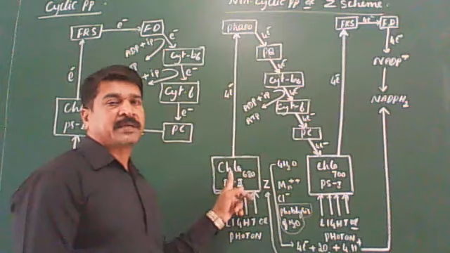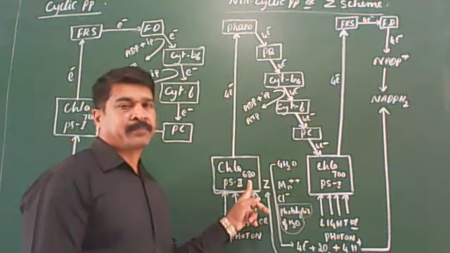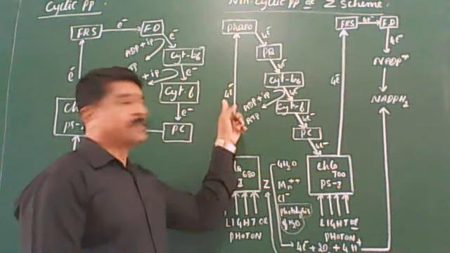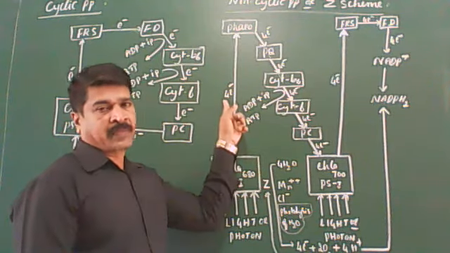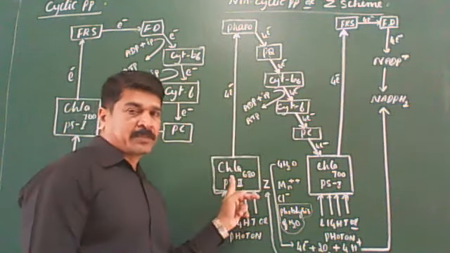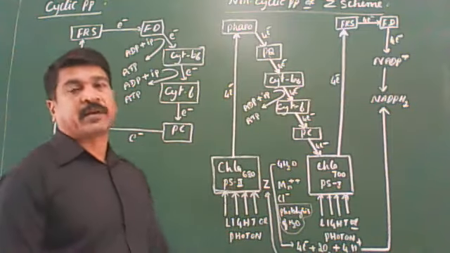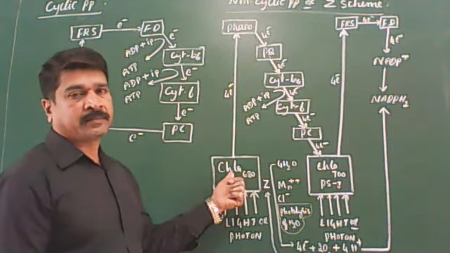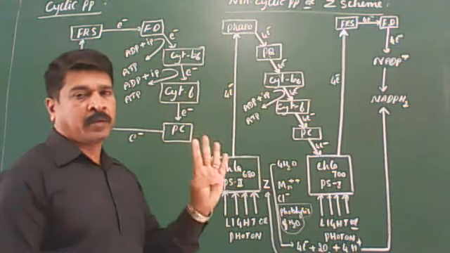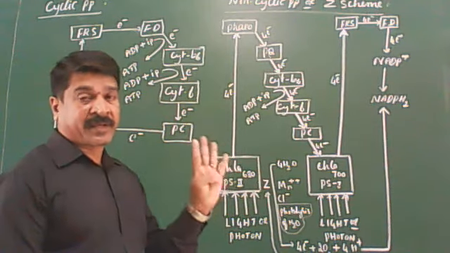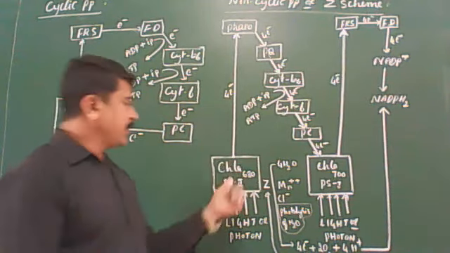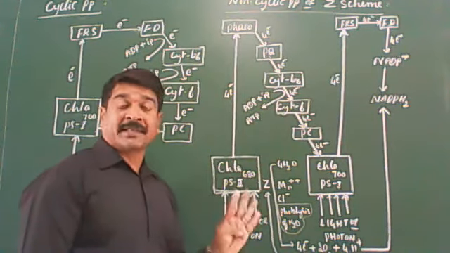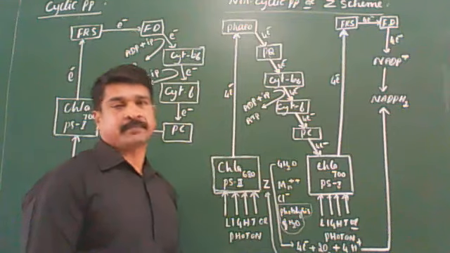As a result, it becomes excited and ejects energy-rich electrons. With the loss of electrons, it becomes oxidized and an electron hole or gap is created in its reaction center.